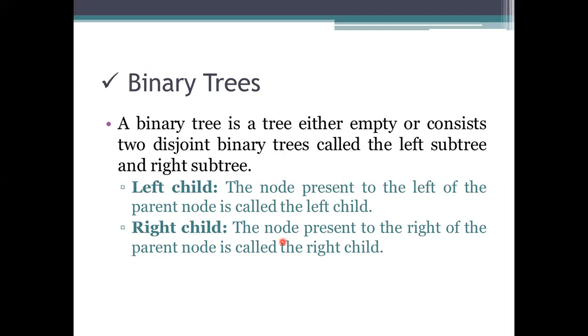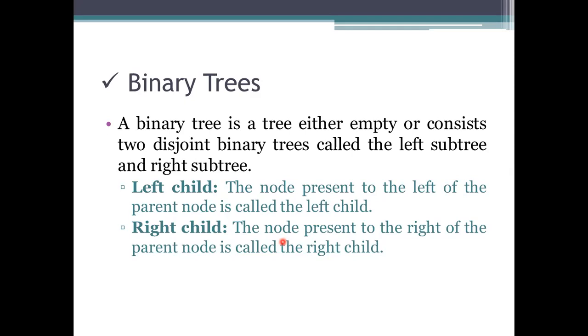A binary tree is either an empty one or it consists of two disjoint binary trees, called the left subtree and the right subtree, or we can specify them as the left child and the right child.